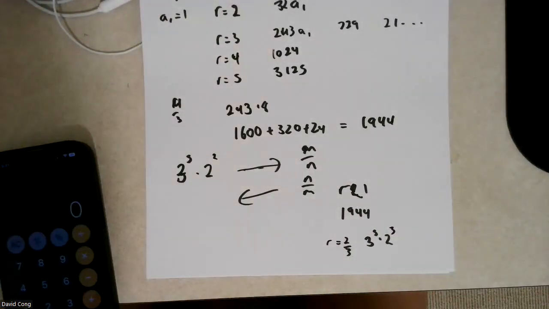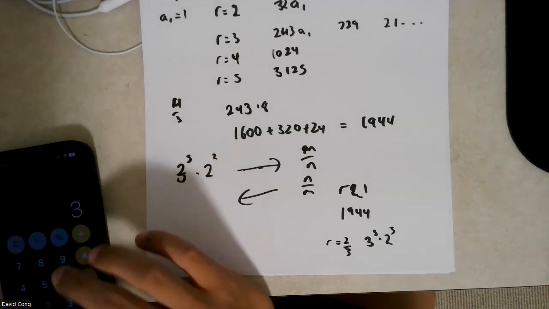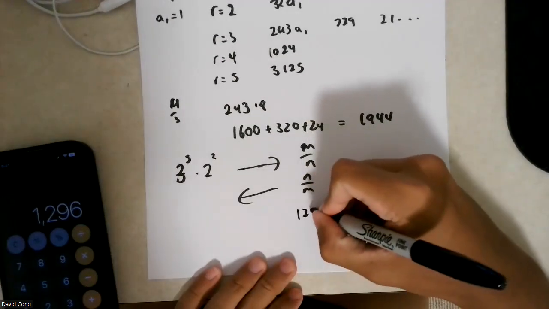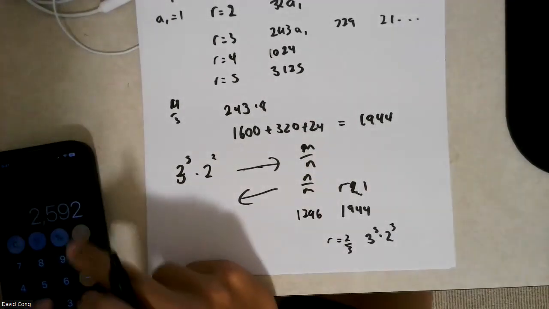So what does this tell us? Well, let's just work down. I'm using a calculator because I'm lazy. We're just going to keep multiplying by 2/3.